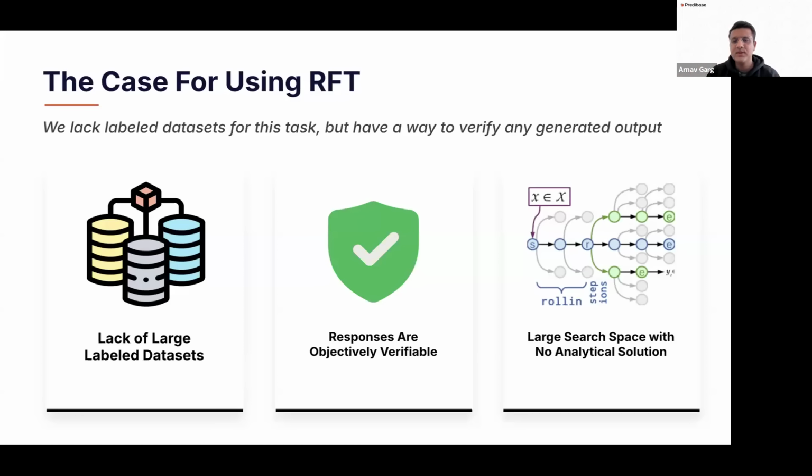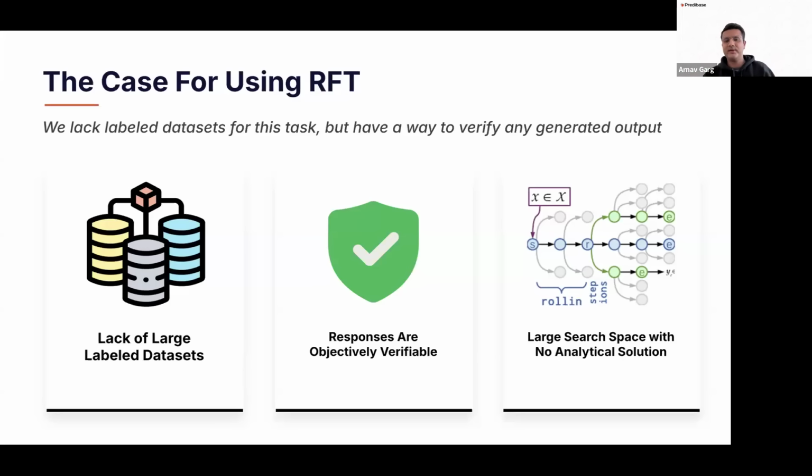is producing. And the third is large search spaces. This problem has many different solutions because you can go all the way from getting it correct to optimizing different parts and for different matrix sizes. And there are analytical solutions, but it requires very deep expertise.